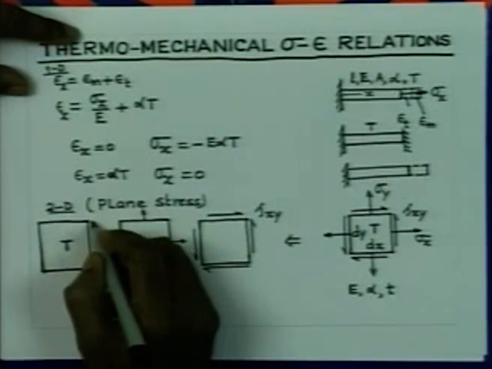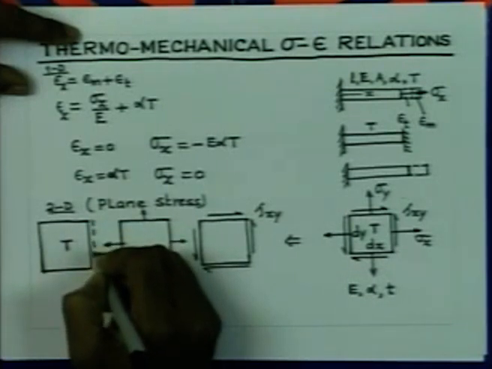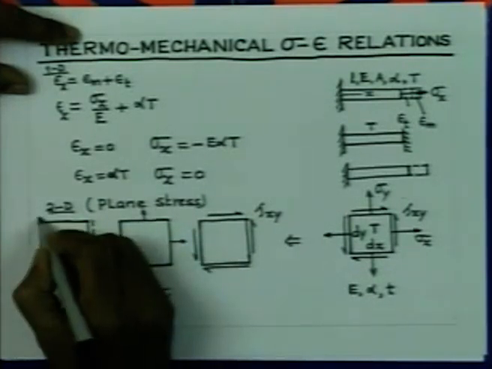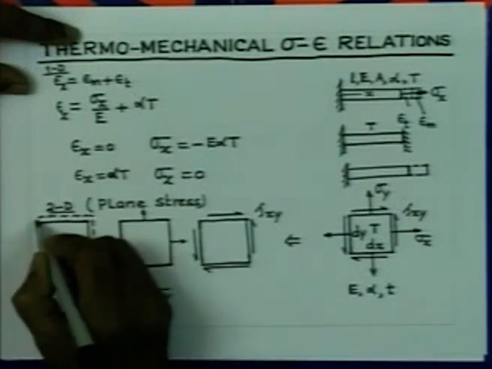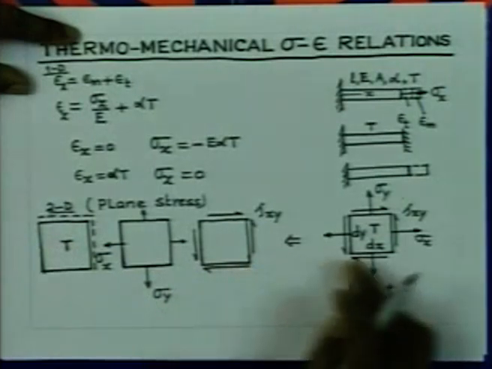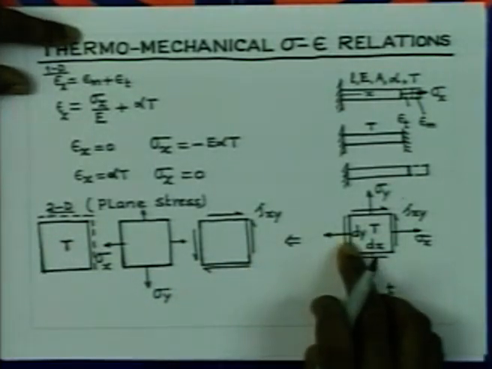So, the size of the body is going to increase both in x and y direction, and that increase in dimensions will depend on the magnitude of dx and dy.